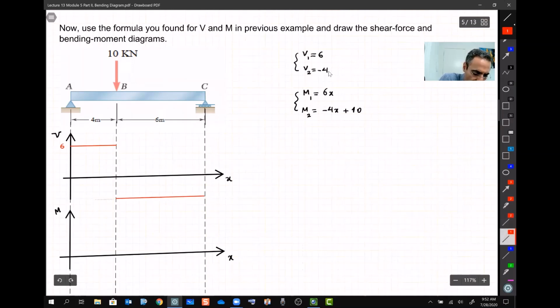This is then going down there, and it is -4. This is the graph of V. V is a constant number from the beginning to point B, and then it is -4. We just draw two constant lines, two horizontal lines.